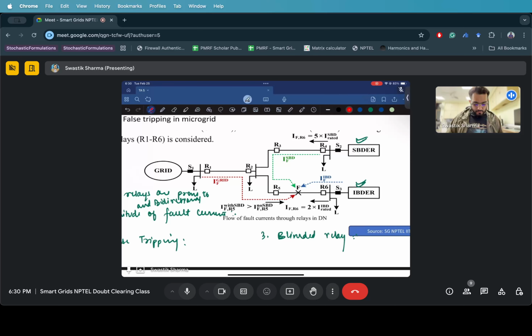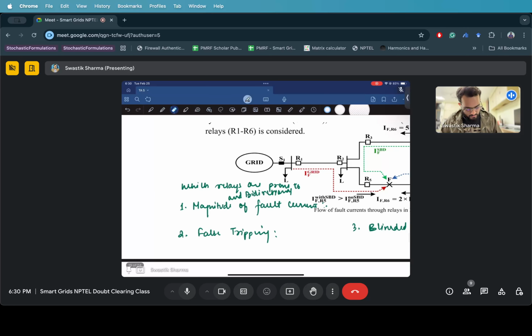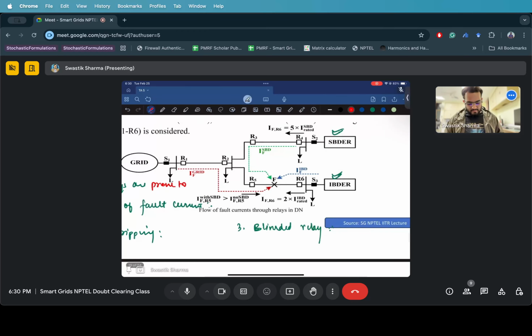So, which of these relays do you think are prone to the magnitude of fault current, which will not be able to judge the dynamics in the level of fault current?